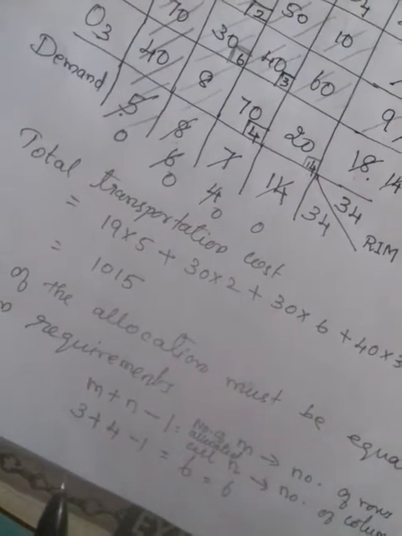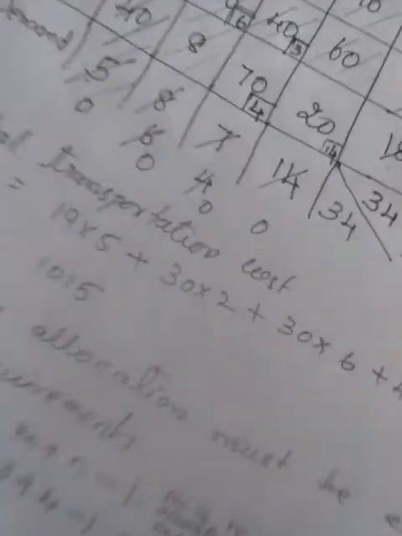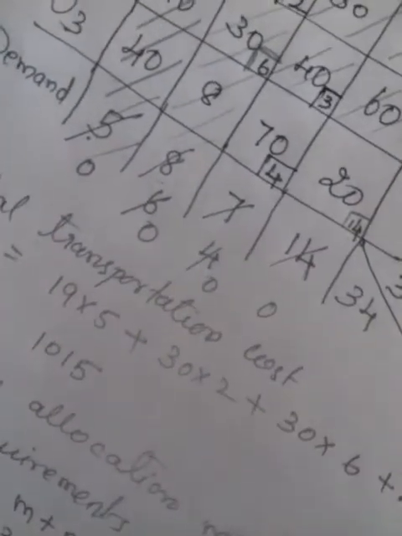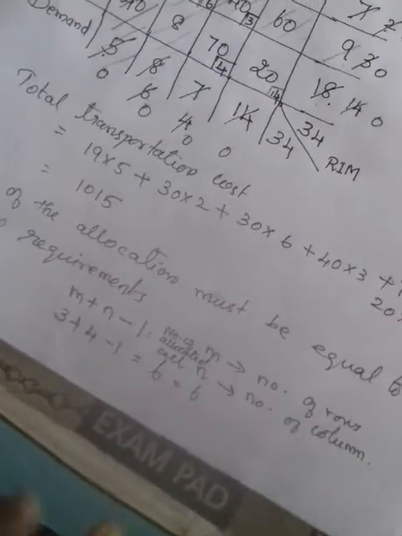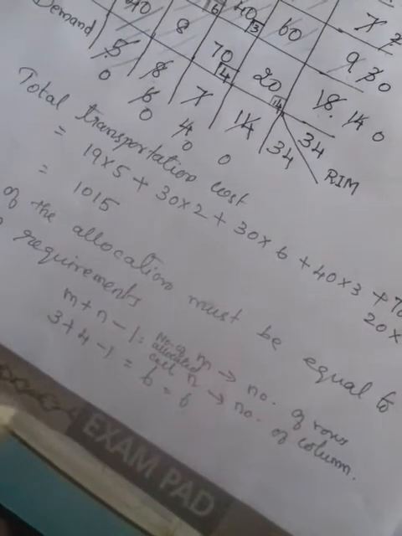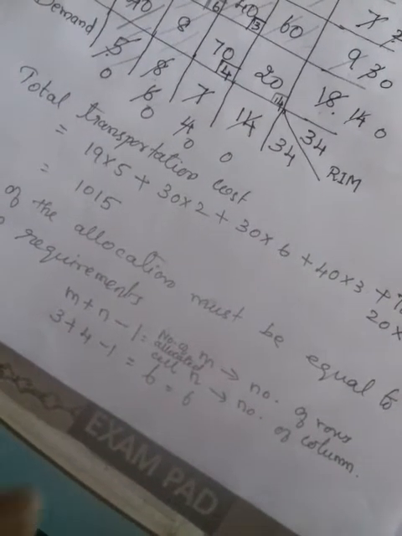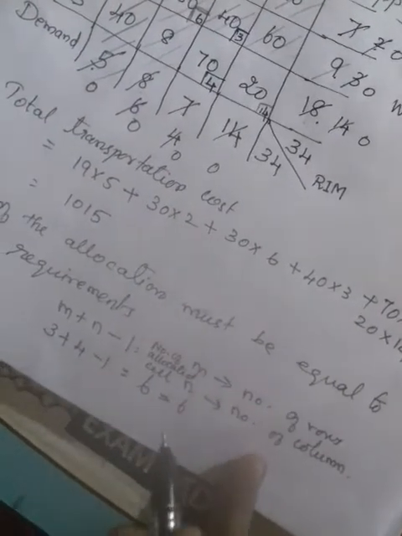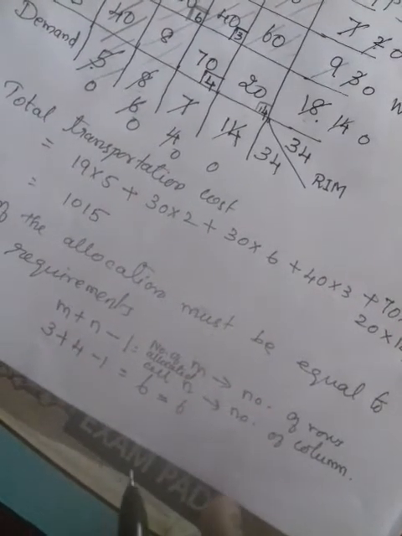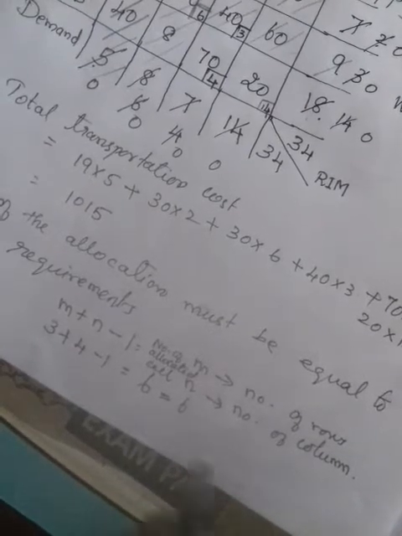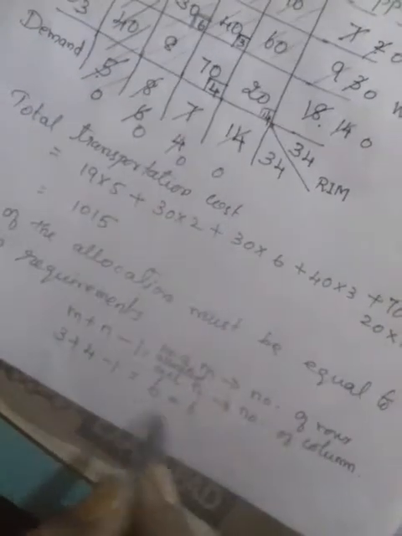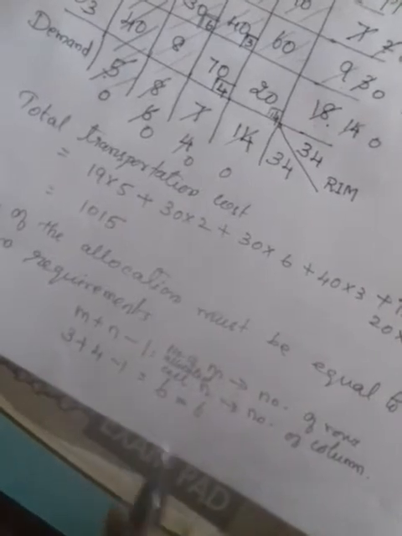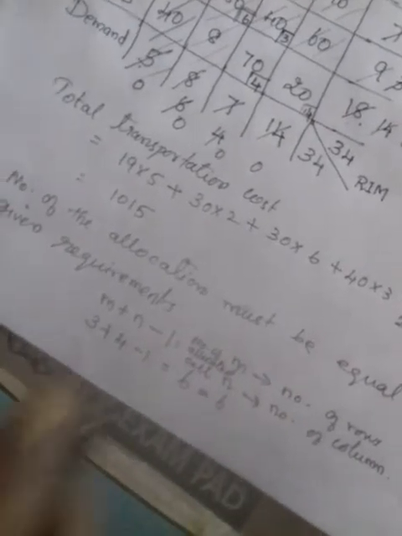So m plus n minus 1 is compared with the number of positive allocations. If both are equal, it means the given solution is a non-degeneracy solution.